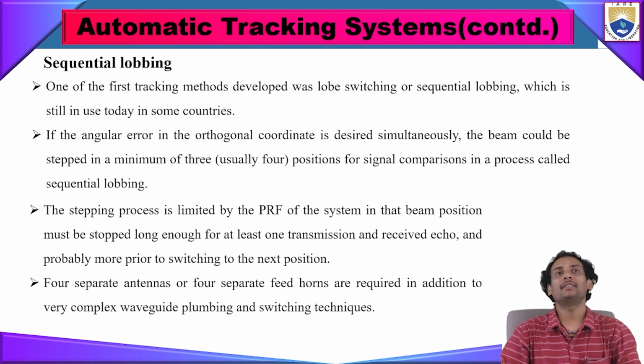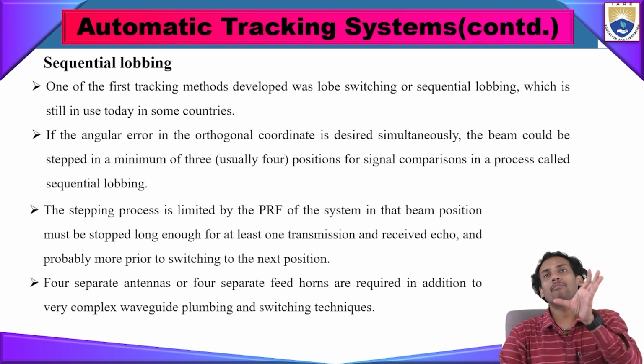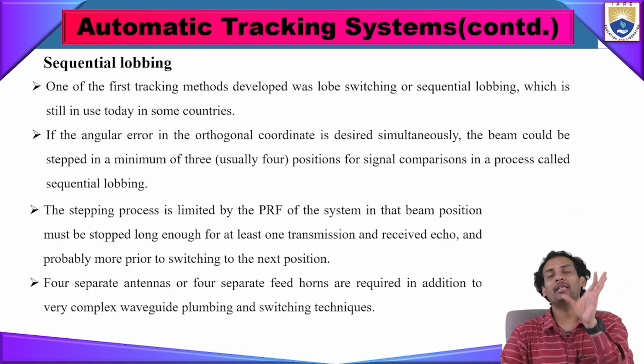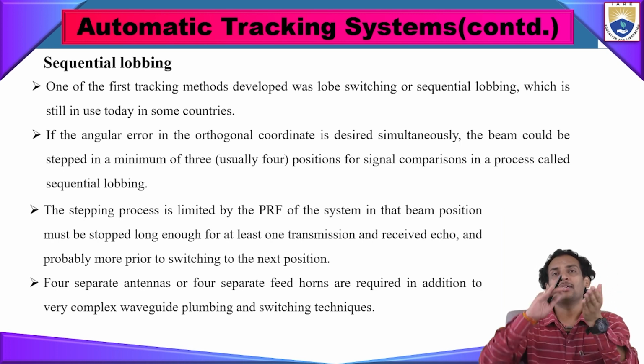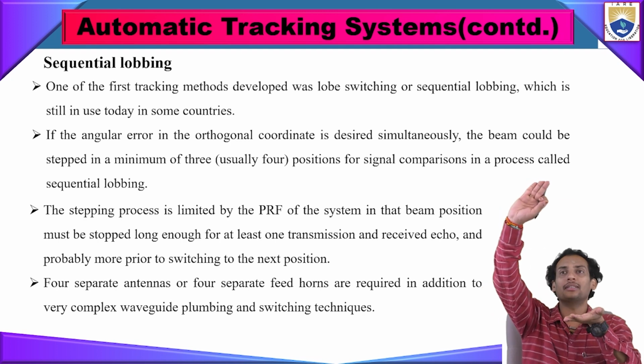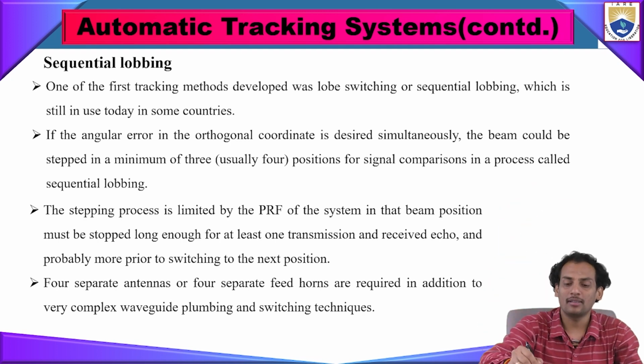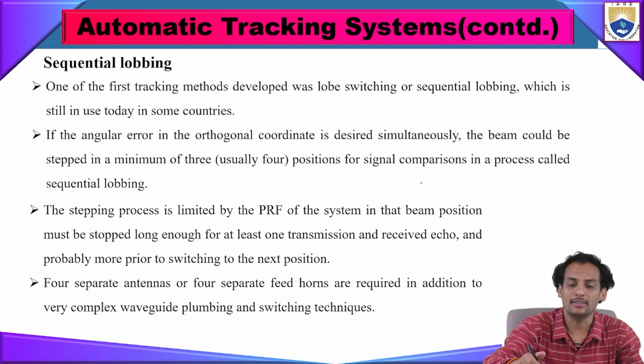Next, sequential lobing. Lobing means here we are producing one big type of signal. That signal will cover the range of the target. Maybe the lobes are like this.